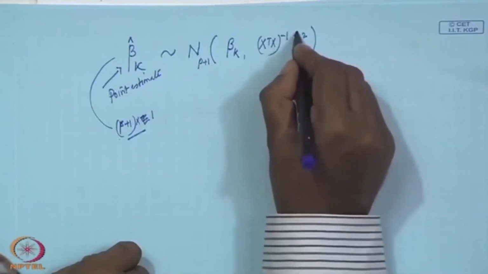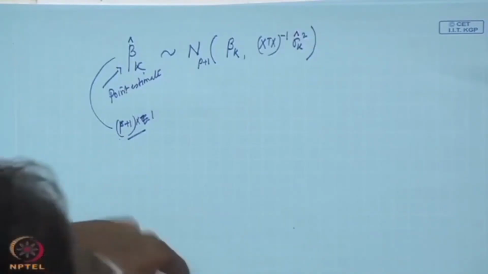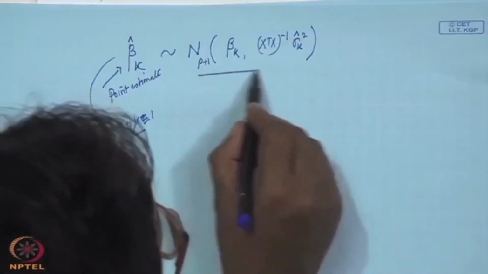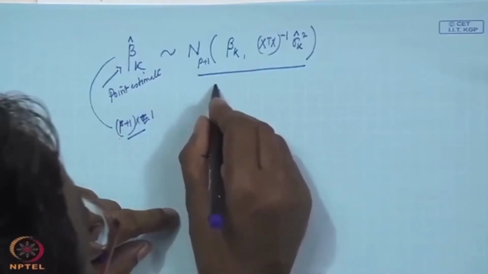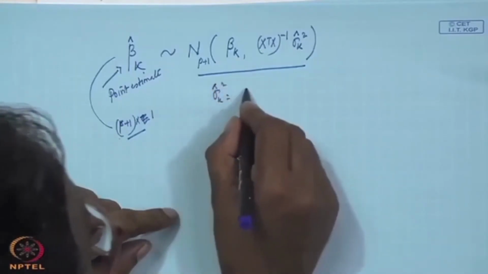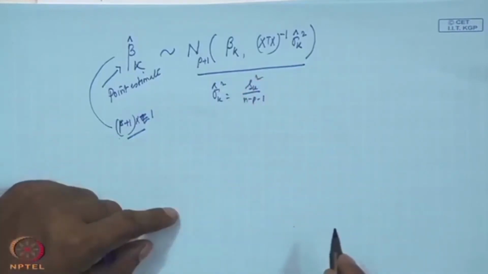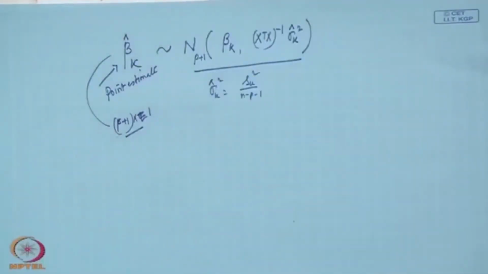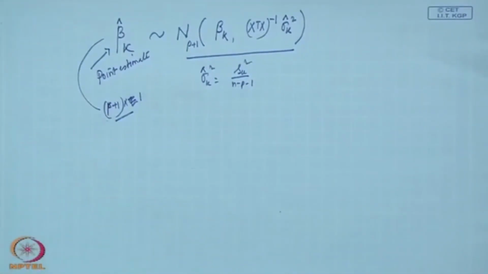The sigma k square will be estimated, and that sigma k square you will be replacing like this: sigma cap k square is s k square by n minus p minus 1, where s k square is the kth element of the SSCP matrix.